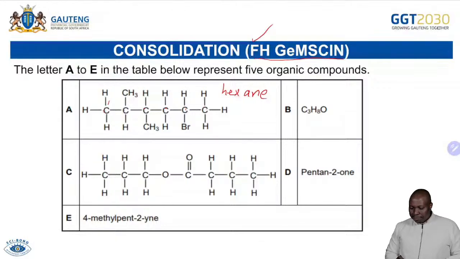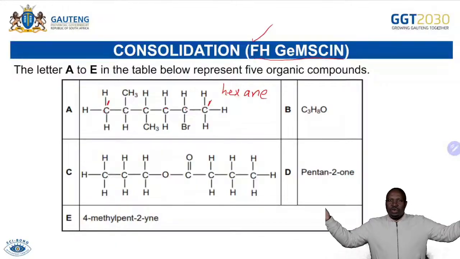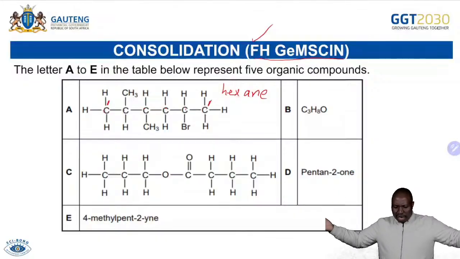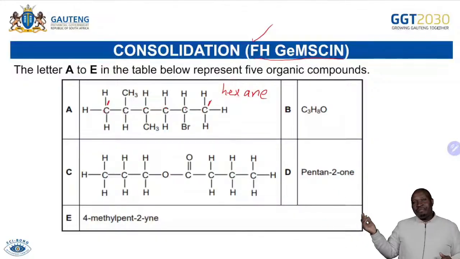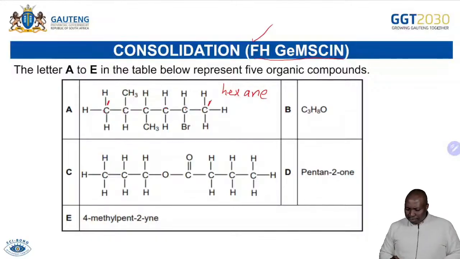In this one, this carbon is competing to be carbon number 1, as well as this one. I cannot decide based on these 2 terminal carbons on the left and on the right. I must go to the next carbon.